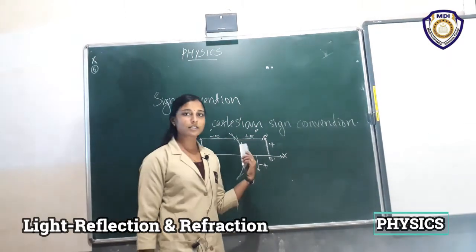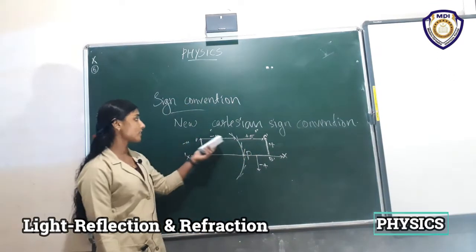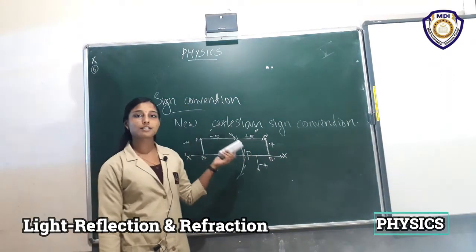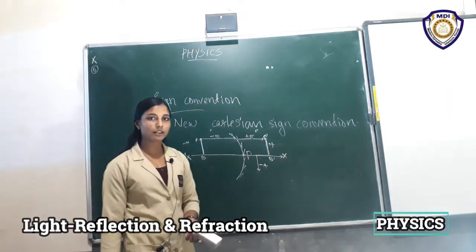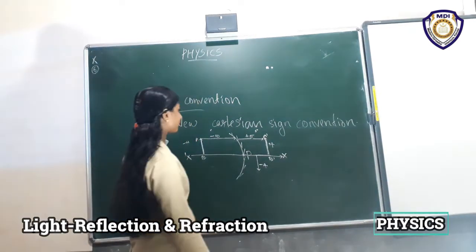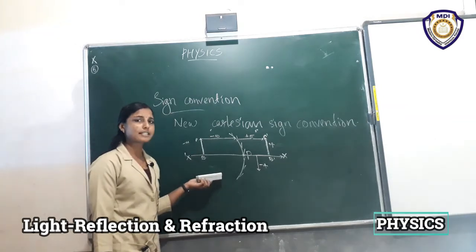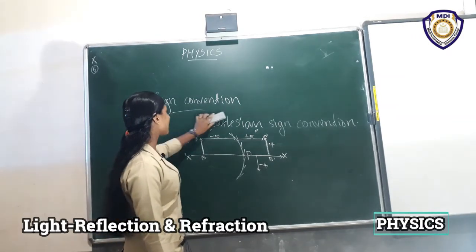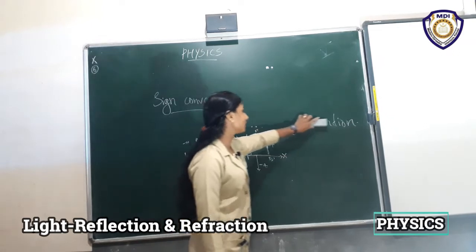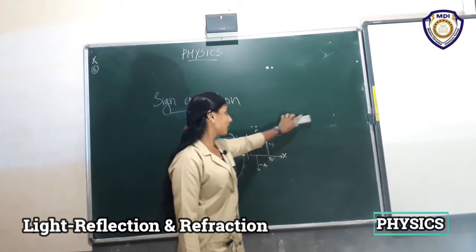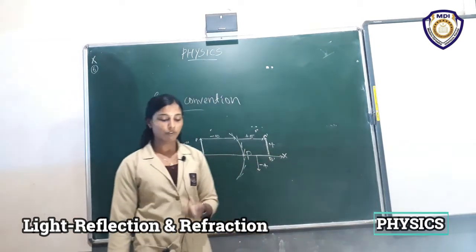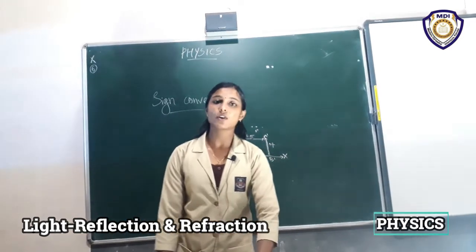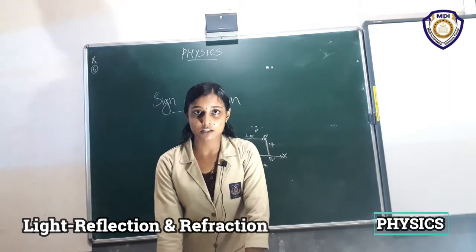So I hope you understand the new Cartesian sign convention for reflection by spherical mirrors. Using this sign convention, we have to find the mirror formula, and also the magnification.